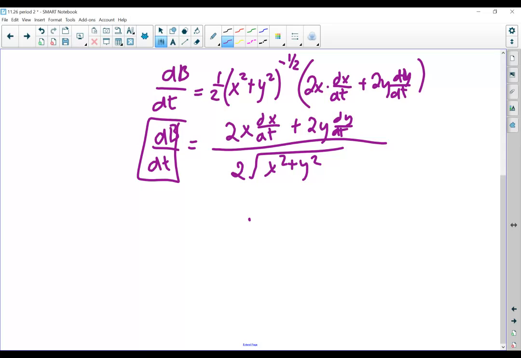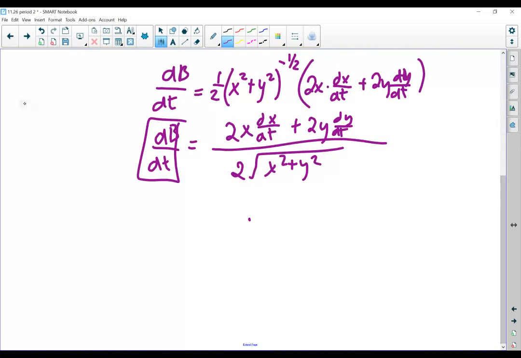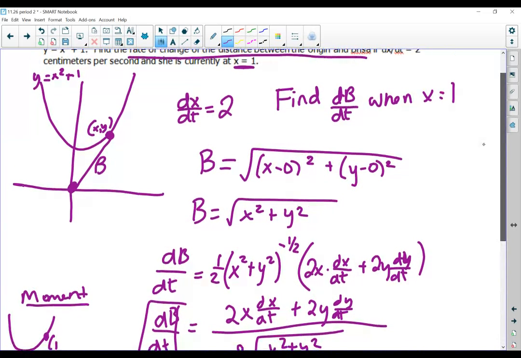The question then is, what am I going to do with this information over here? Do I have everything that I need? Okay, well, let's see. They tell me at this moment, I'm at the point x equals 1. So I do have the x coordinate. I also know dx/dt, which is 2.